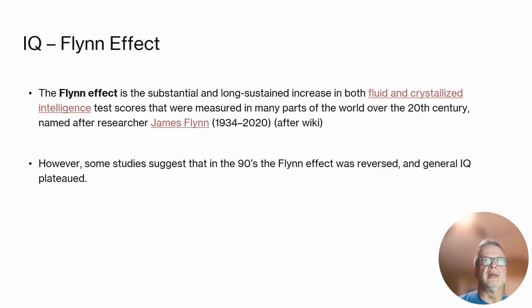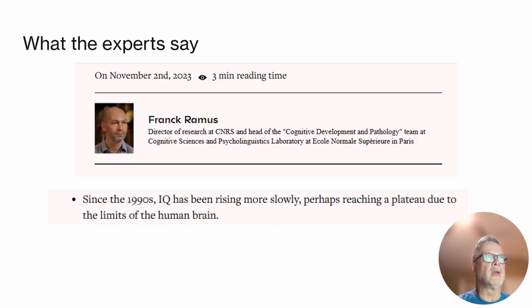And in the 90s, it was apparent that the growth, the Flynn effect, is not that strong. It's flattening, especially in developed countries. We still see some growth in underdeveloped countries, but in developed countries we see a saturation effect. And this can be confirmed. It's just an example.